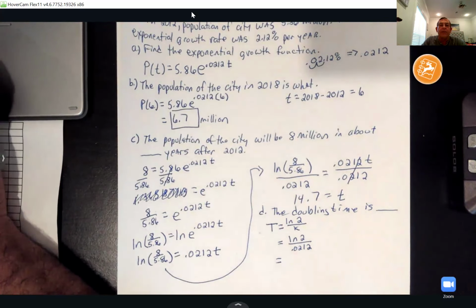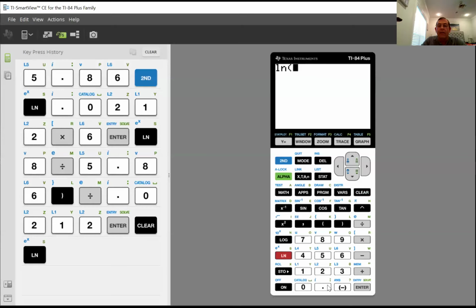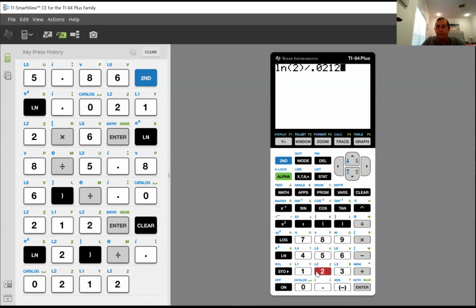We got the ln of 2, close those parentheses, divided by 0.0212. Remember, I'm going to round it to 1 decimal place. So that's going to be 32 point, well, the 6 has a 9 behind it, so that'll be 32.7. And then remember, that'll be in years.